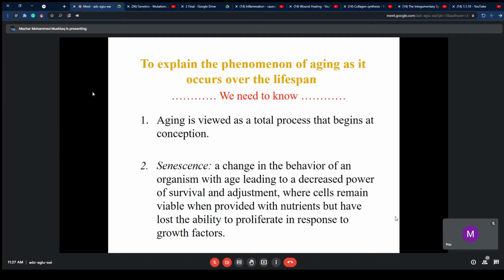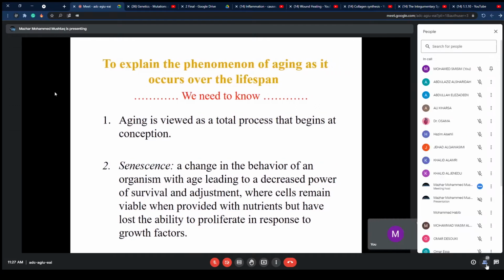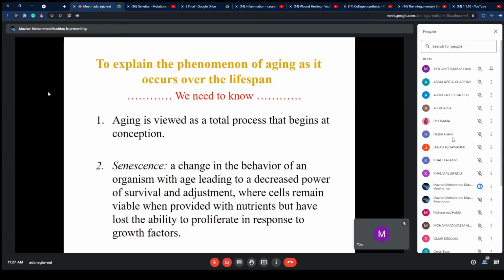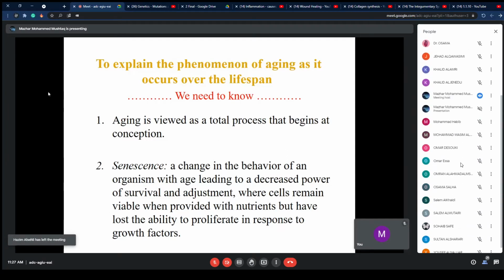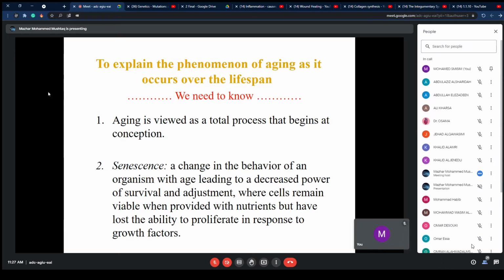So senescence is also a type of aging, but in senescence, progressively we end up with the aging process. Our survival power is there, and we are surviving with a good quality of life.